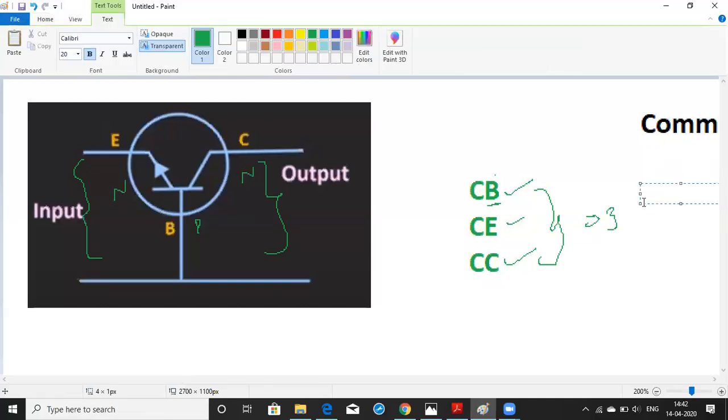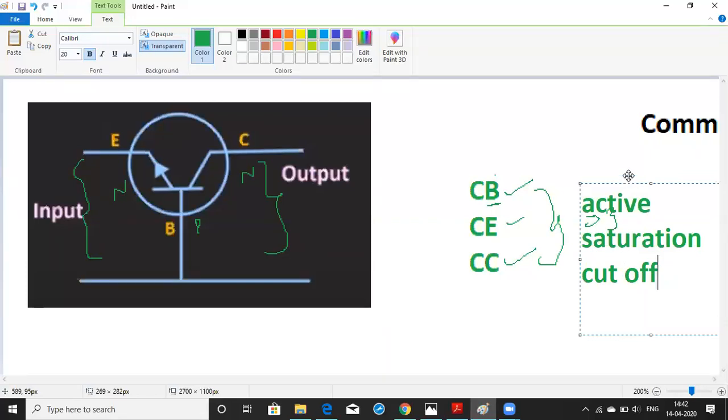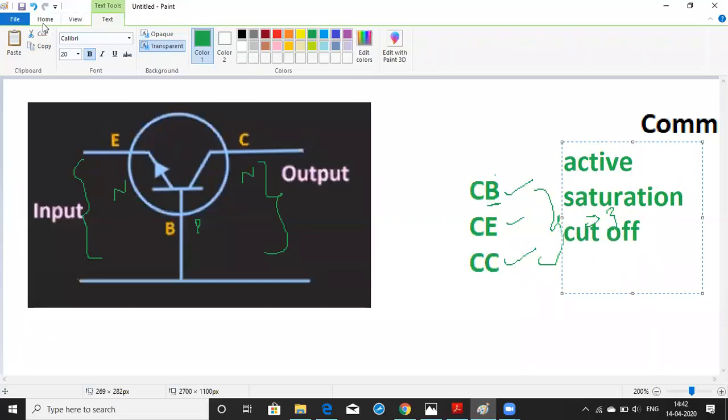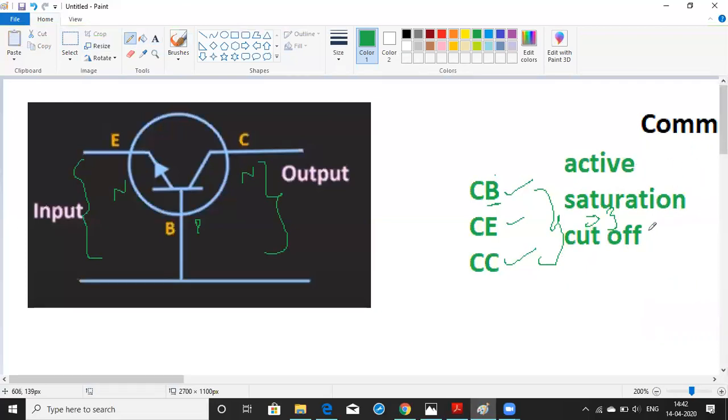Obviously we have 4 regions, but we are going to discuss mainly 3 regions: active region, saturation region, and cutoff region. For every configuration we need to discuss how it acts in the active region, saturation region, as well as the cutoff region.